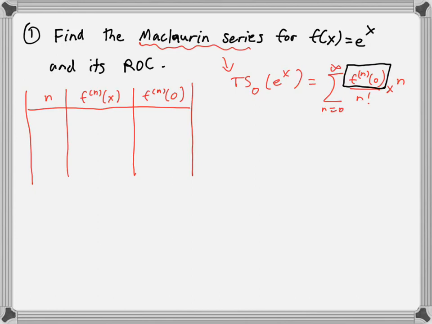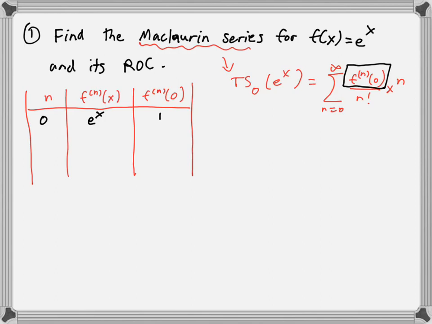So that's what we're working on right now. So here's how we do it. Start your table, start with n equals 0, which of course the 0th derivative is just the function e to the x, and then we plug in 0 because that's the center that we're interested in. So if you plug in 0, you get e to the 0, which is 1.